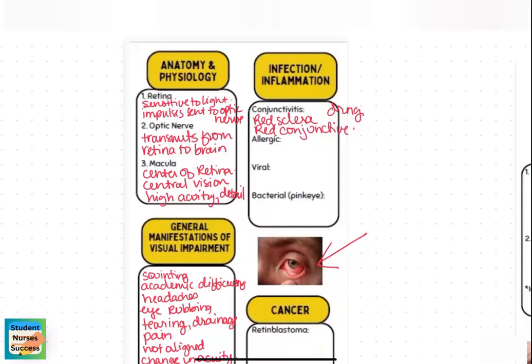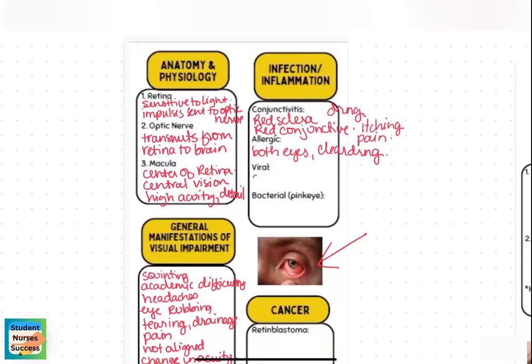Now, you can have allergic conjunctivitis, viral conjunctivitis, or bacterial conjunctivitis, which is commonly known as pink eye. Usually, these things cause itching and possibly even pain with that drainage. Now, allergic conjunctivitis would be maybe during allergy season or when you're being exposed to an allergen. It usually affects both eyes, and it's usually clear drainage.